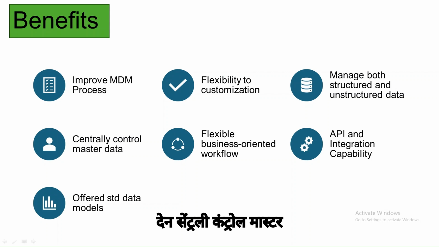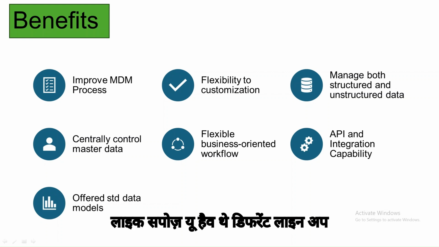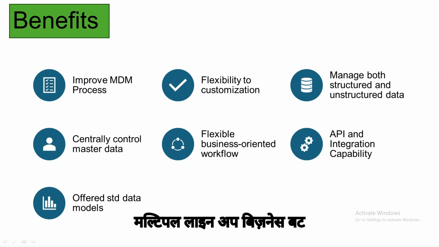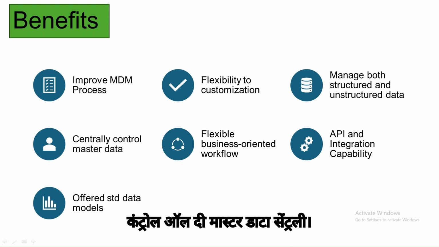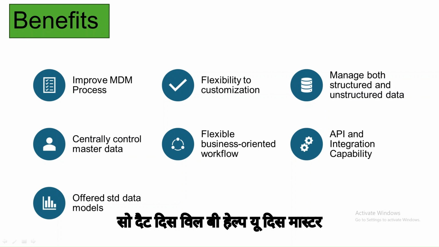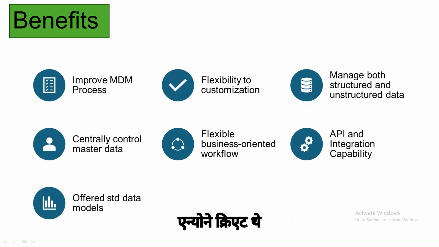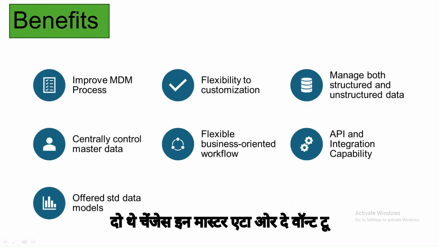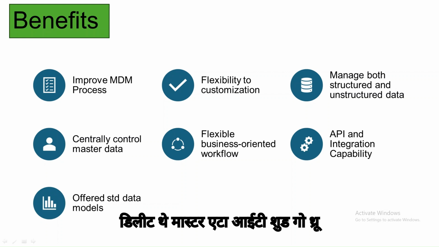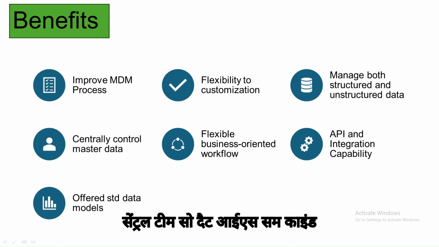Then centrally control master data. Suppose you have multiple lines of business, but you want to control all the master data centrally; this master data governance will help you. Before anyone creates the master data, or makes changes in master data, or wants to delete the master data, it should go through approval from the central team.